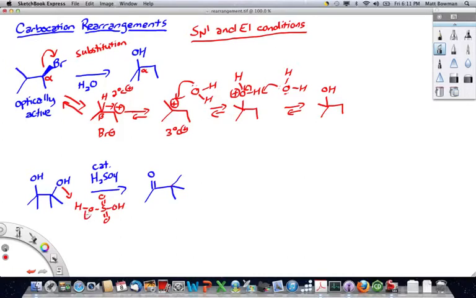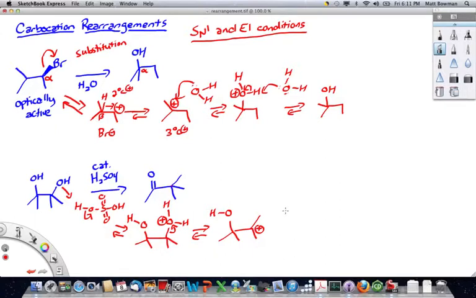It can protonate the OH, form the good leaving group, which leaves. And you get a tertiary carbocation.